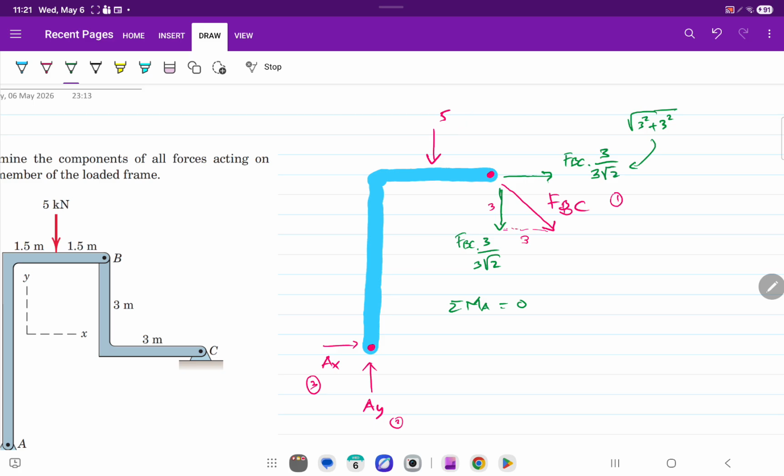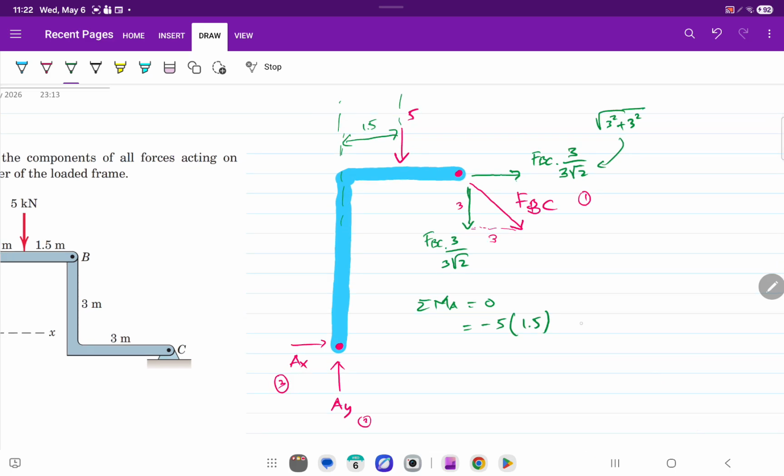This 5 kilonewton generates moment with respect to A. And if you see here, this distance, how much? 1.5 meters, so it's clockwise, so it's negative. Minus 5 times 1.5, negative because clockwise.